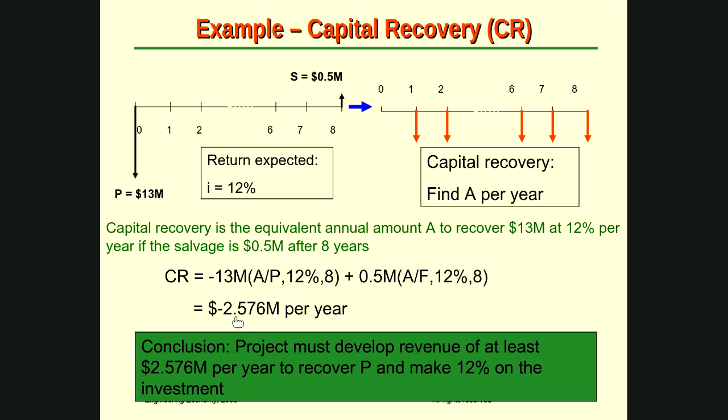If it is more, then you are making profit. If it is less, then you are below what is needed to recover that investment within the 8 years, not 18 years. If it is exactly that, then you will recover the initial investment of 13 million within 8 years. Clear?